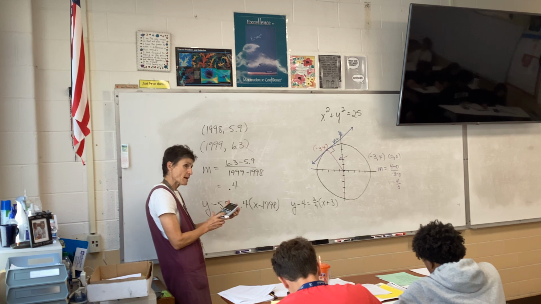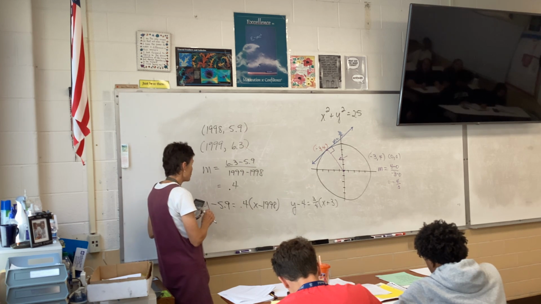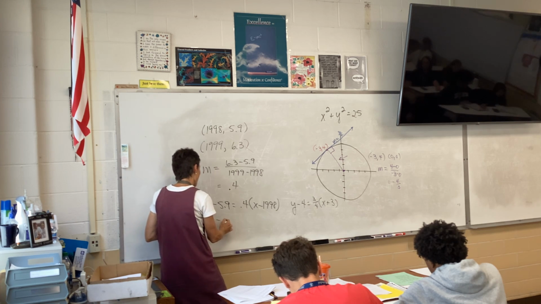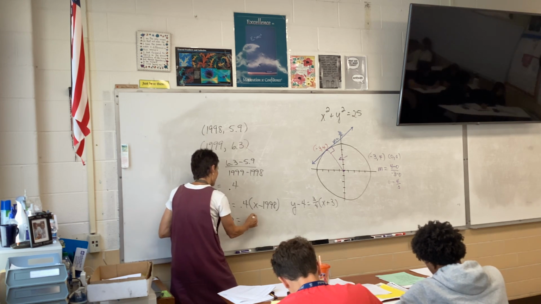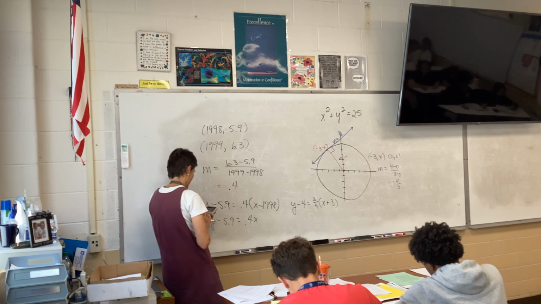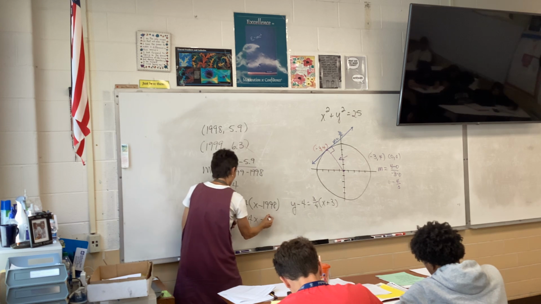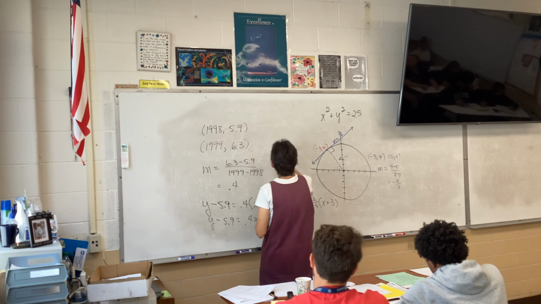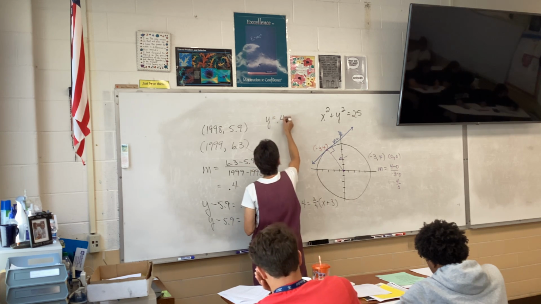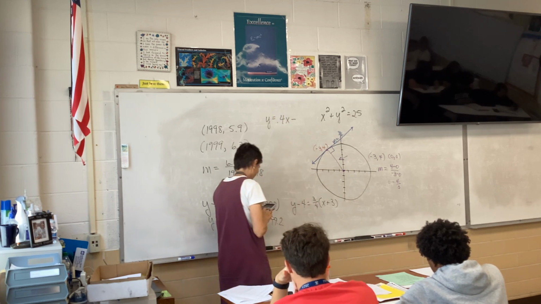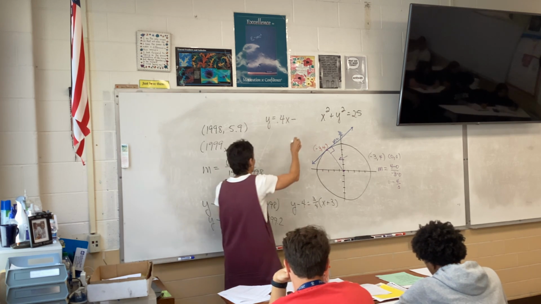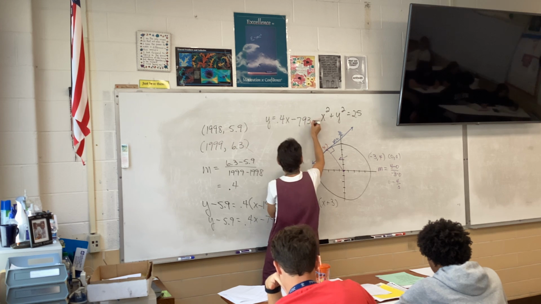Because there's another step to this problem, would you go ahead and get this in slope-intercept form? So y minus 5.9... I don't know if I did my arithmetic right.